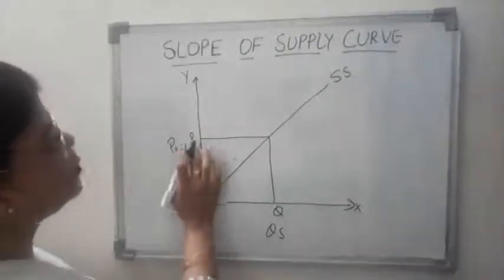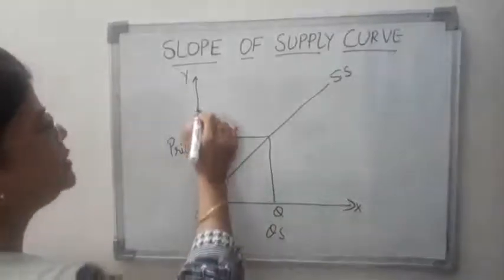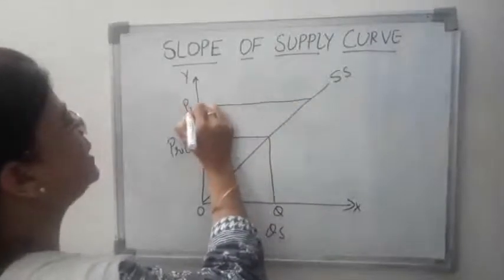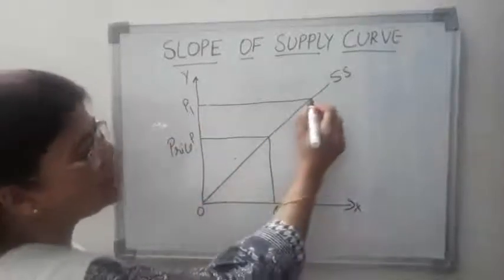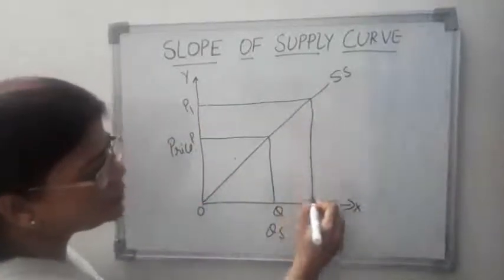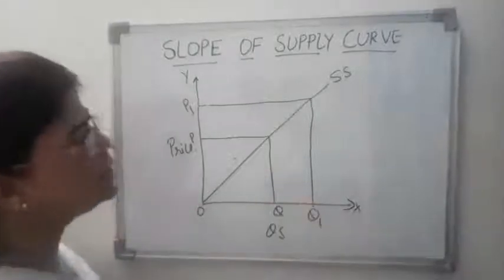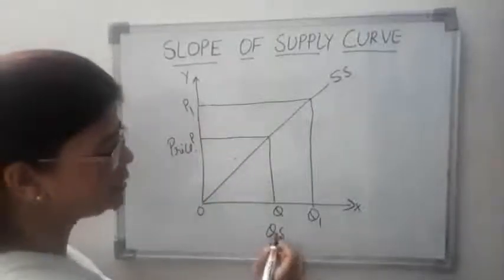When price is OP, quantity supplied is OQ. When price increases and it has become OP1 from OP, our quantity supplied also increases from OQ to OQ1. So there is a positive relation between price and quantity supplied.